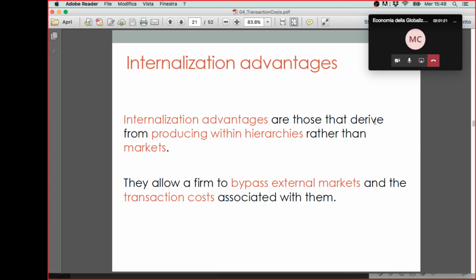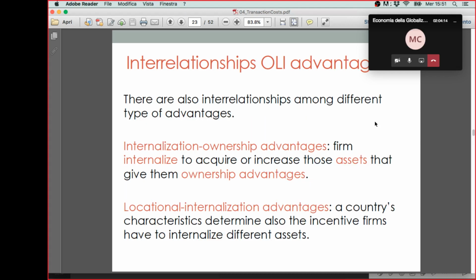Suppose that the firm bases its ownership advantage on access to cheap suppliers of inputs, and the company finds another company in China that is producing those inputs at a very low cost.